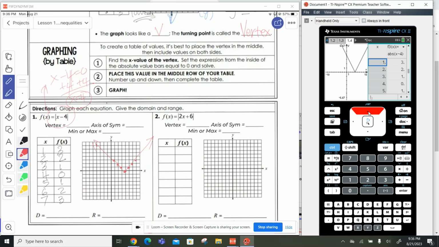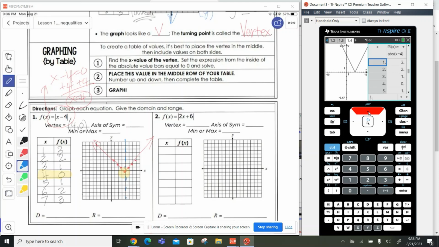Okay, so let's identify the vertex. What is the vertex of the given graph or function? From the graph, it's right here. That's the turning point. And from the table, it's the middle of the table. So our vertex is at the point (4, 0). Axis of symmetry: it's a vertical line that cuts the given graph in half.